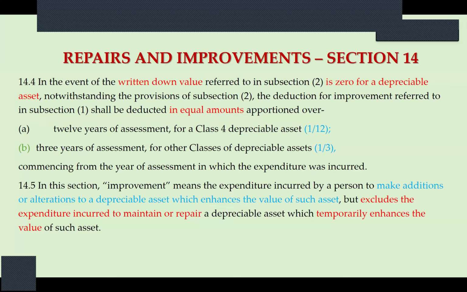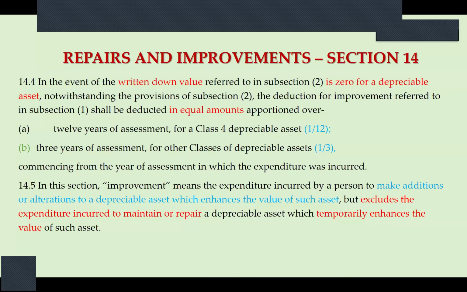It is just a repair expenditure. But after making some improvement cost, definitely there should be an enhancement of the value of such asset. If we can identify that kind of enhancement, then we can consider that expenditure as improvement and all other expenses as repair.